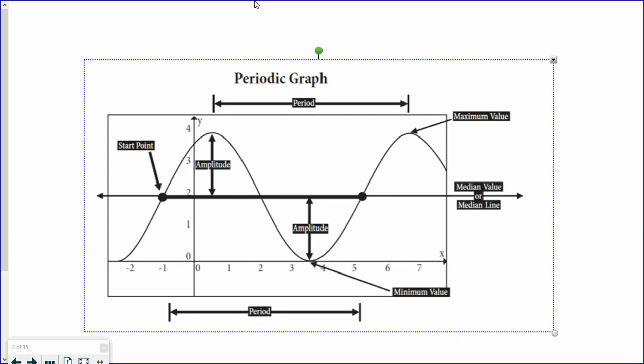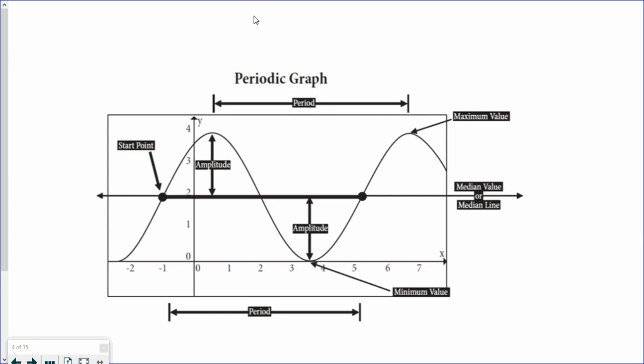And so this is still a part of that first lesson. This was a graph in there, and it shows a couple of key characteristics of a sinusoidal graph. So as we can see here, there's a couple different definitions. So this one here is our midline, our median value, or our median line, and that's essentially just the middle of the graph.